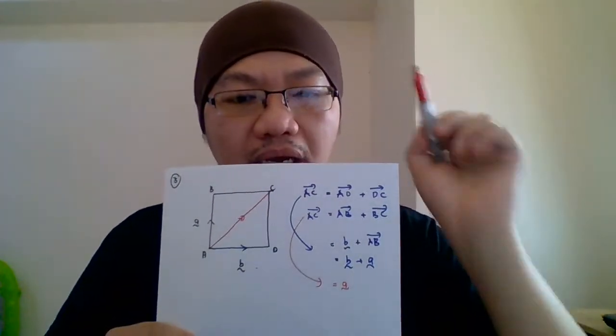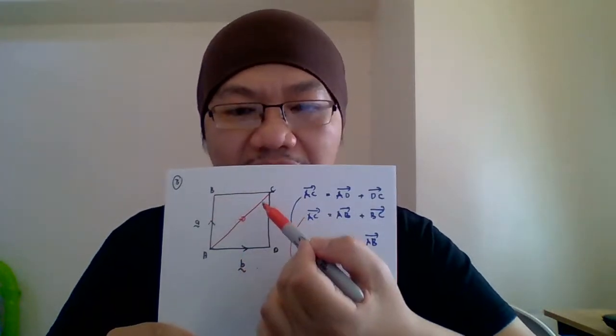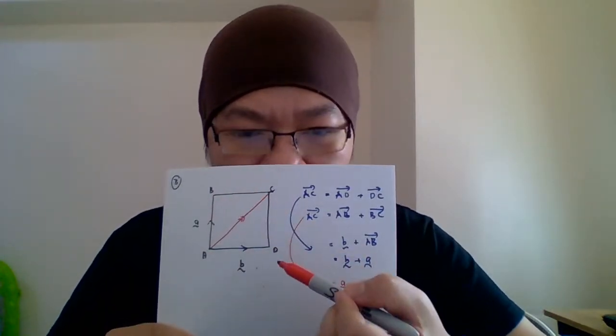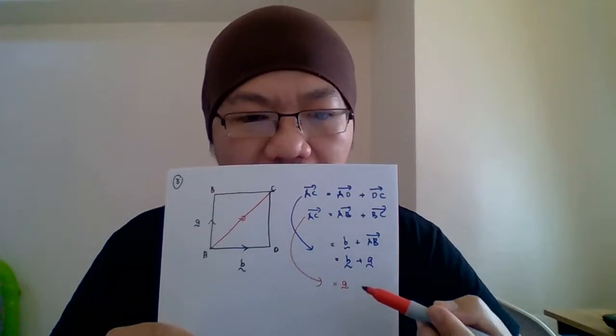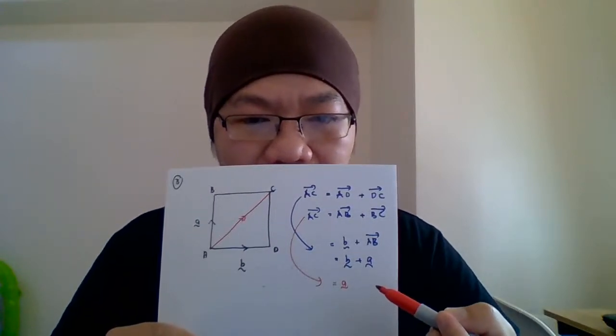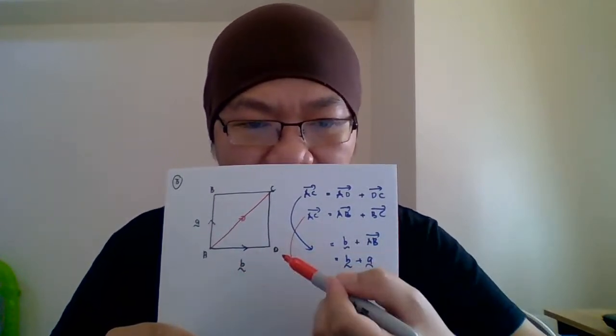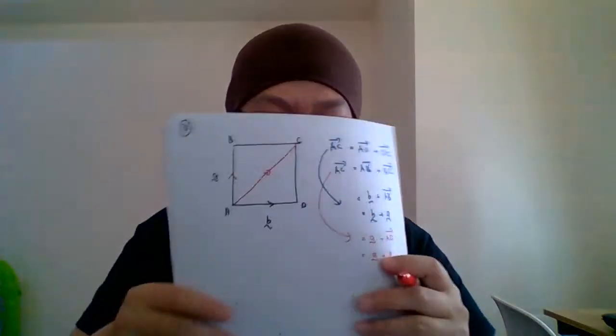Alhamdulillah. So BC here also equals A donkey. So vector A plus BC, plus A donkey. A donkey is actually equal to vector B.